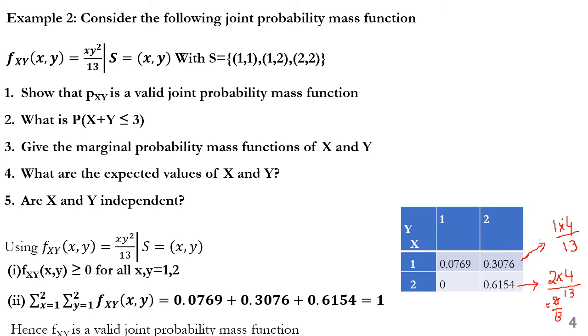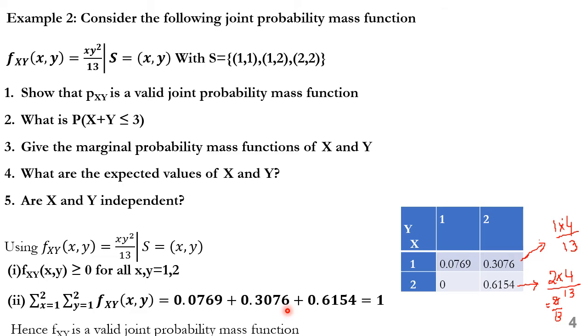From the table, first what we have to show is that this is a valid joint probability mass function. So this is valid because if you observe all these values, either it is 0 or positive. Therefore, we can say that fxy of x comma y is greater than or equal to 0 for all values of x taking 1, 2, y taking 1, 2.